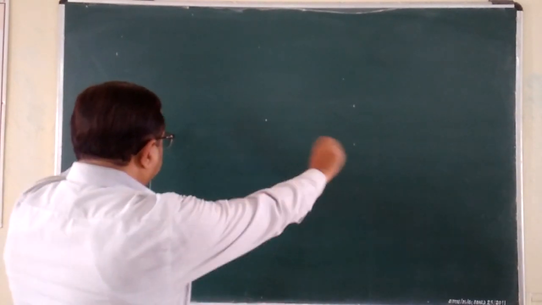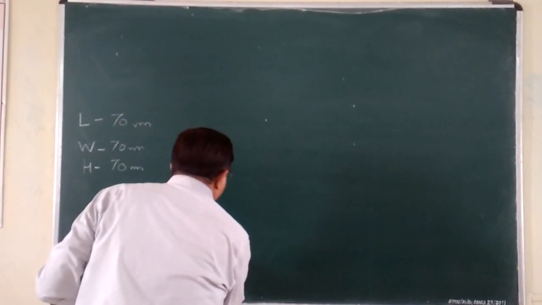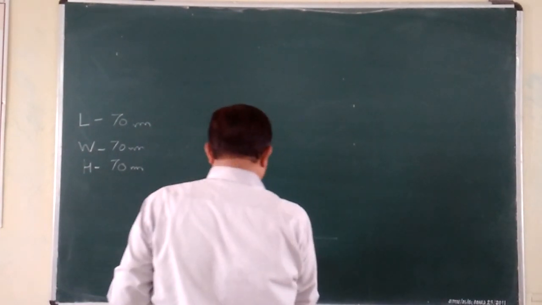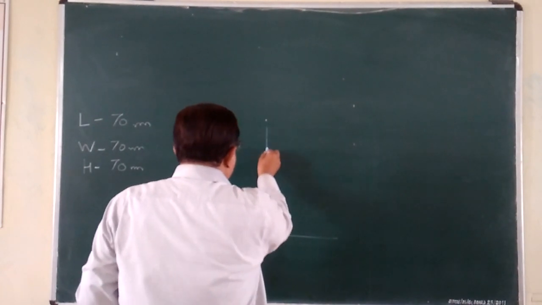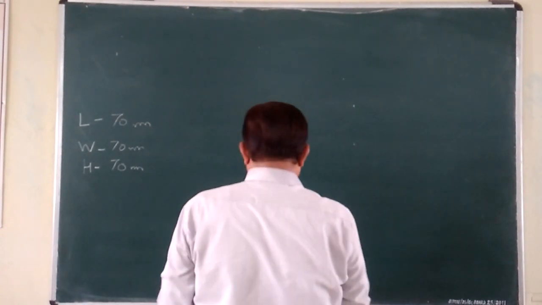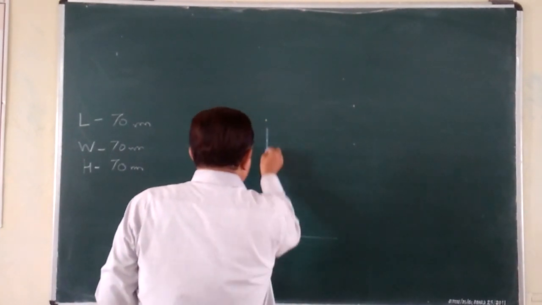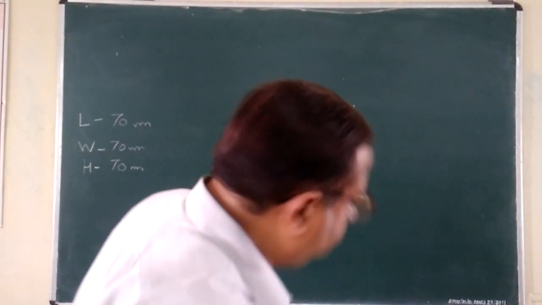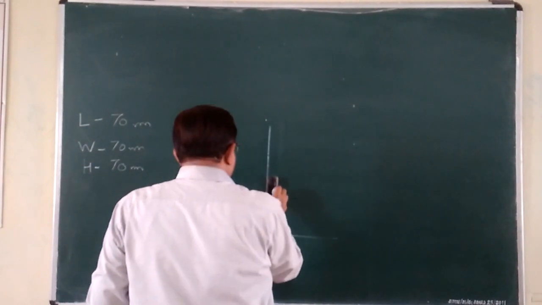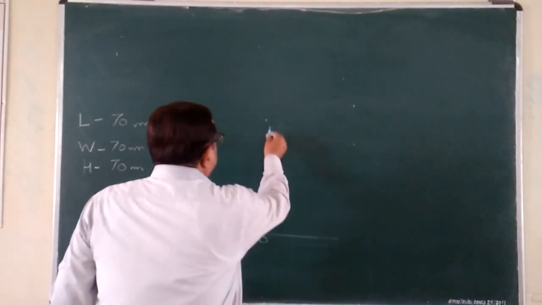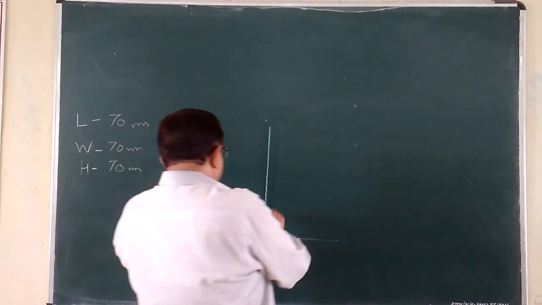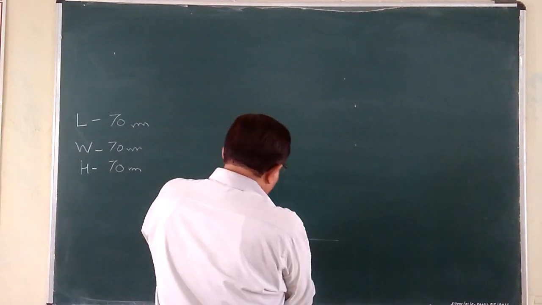Horizontal line, vertical line. As usual, left 30, right 30 lines you have to create here.